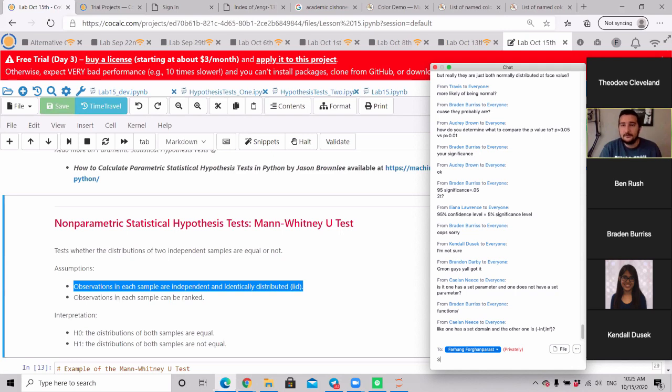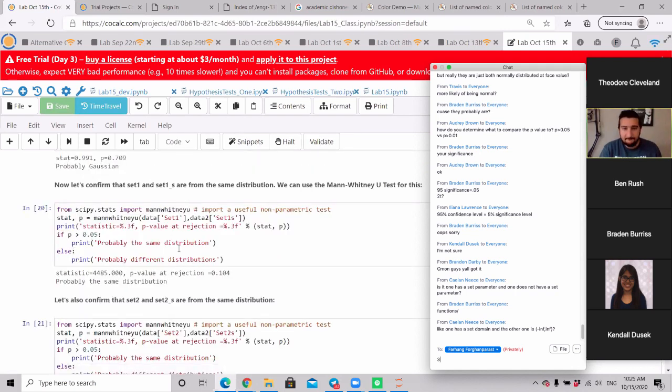So if I want to go back, for the case of our lab, it doesn't really matter if you use the t-test or Mann-Whitney U-test because we already know our data is normally distributed. But I really want you to know the difference between the parametric family of tests and non-parametric family of tests.